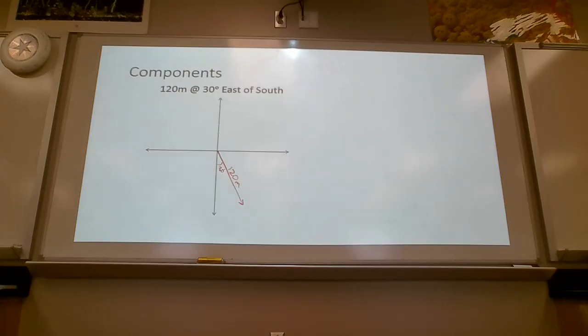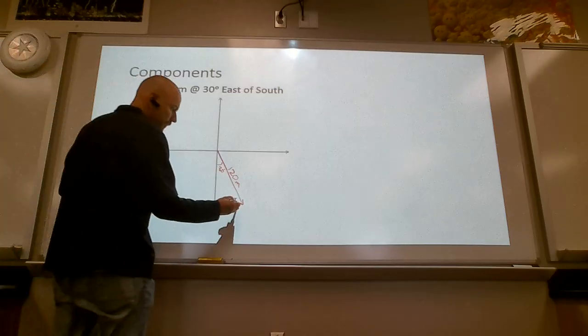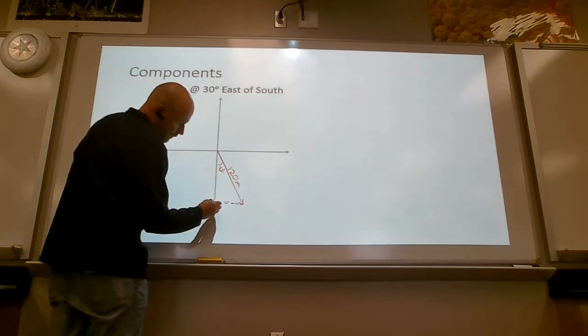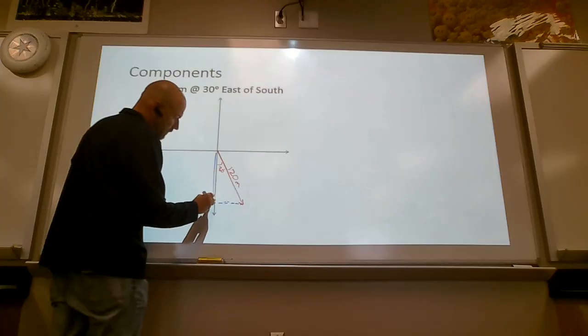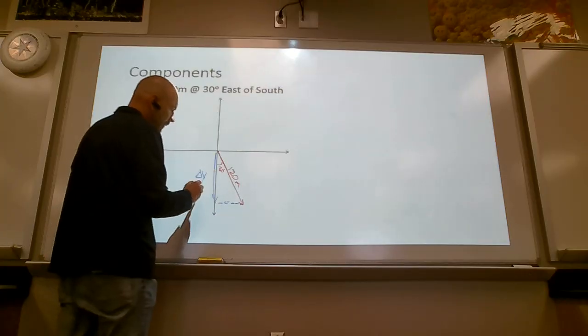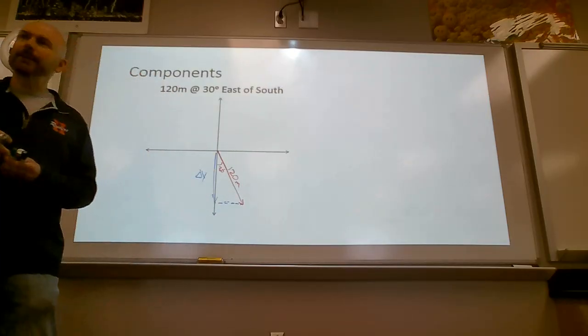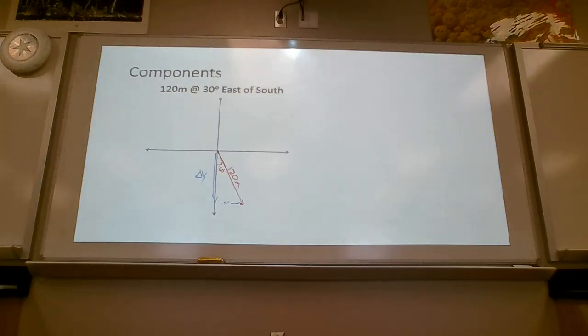As I did this path. So I could travel southward. Was all of my motion in the southward direction? No. But was part of it? Yes. How much of it was going south? About this much. That would be my y component of that vector.